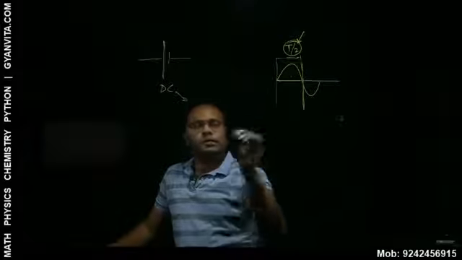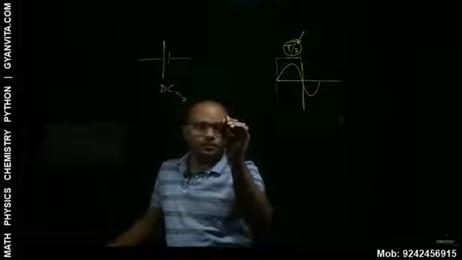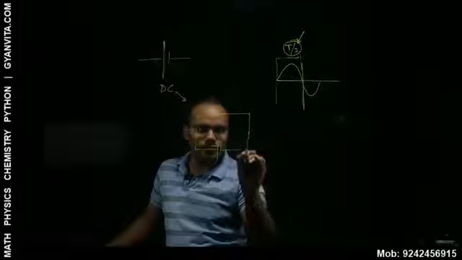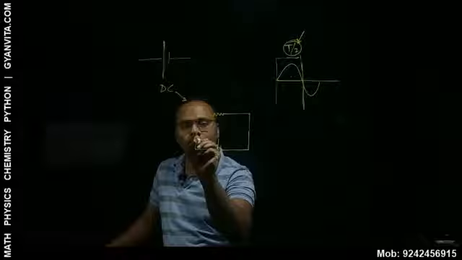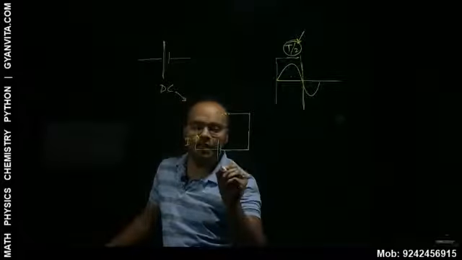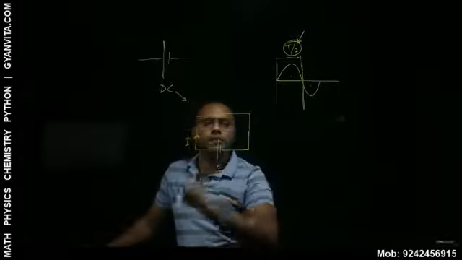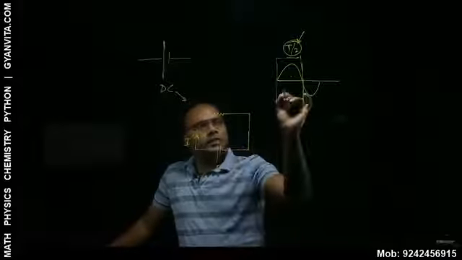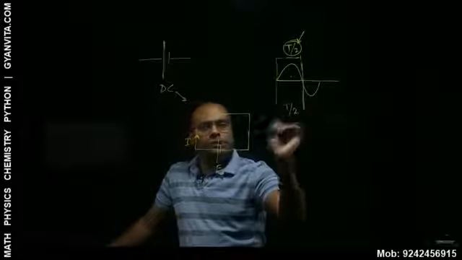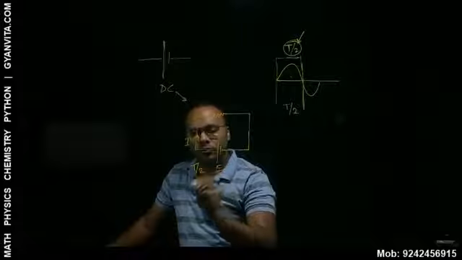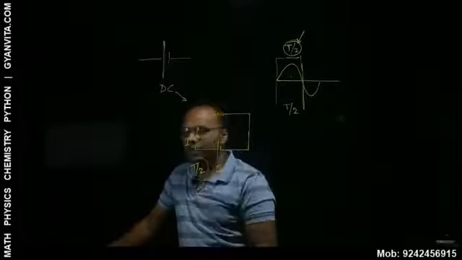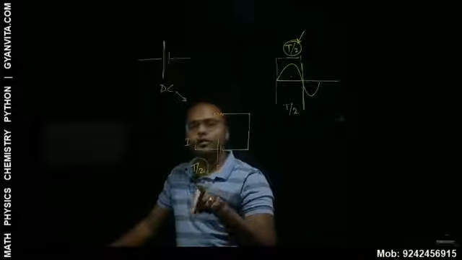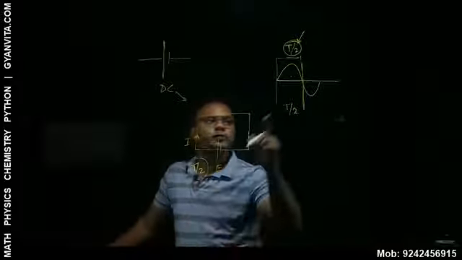So suppose there is a circuit like this, and in this circuit I have to send some current. If there is a battery, there will be some current. This is DC, right? Now the amount of time for this is T by 2, so I'll have to consider the same time here as well, and in the same time I should be able to send the same amount of charge which is being sent here.